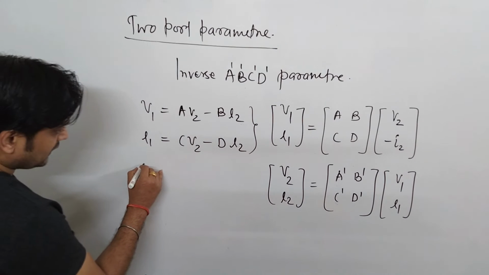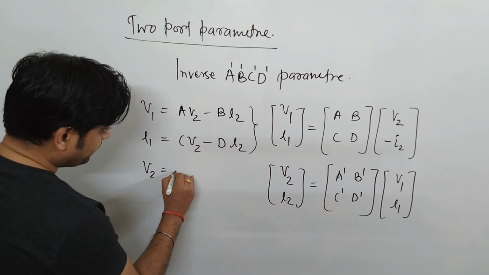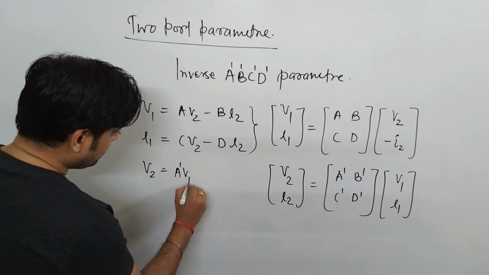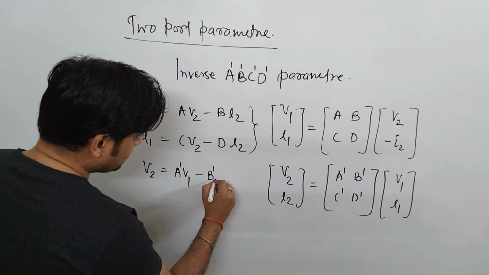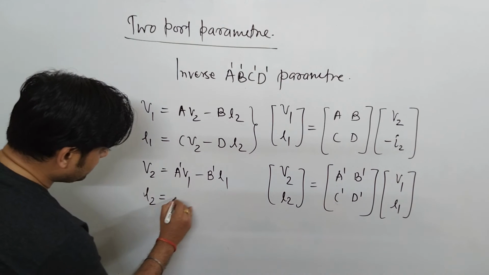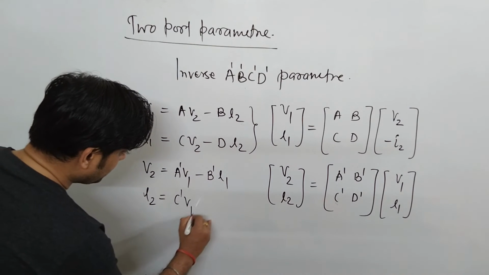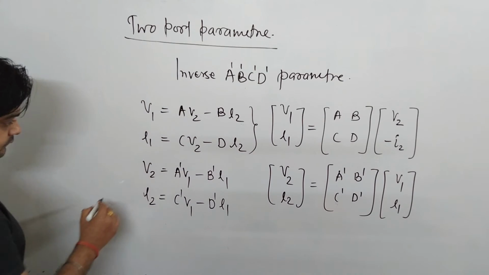Now if you write the equation here, V2 is equal to A dash V1 minus B dash I1 and I2 is equal to C dash V1 minus D dash I1.